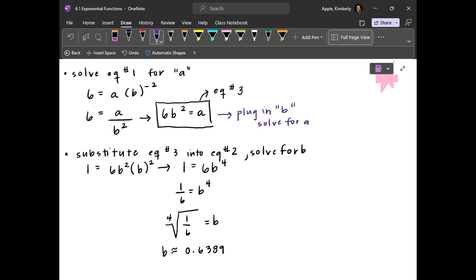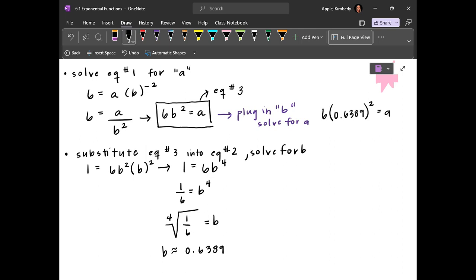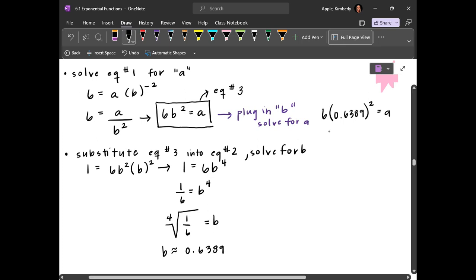We have a number for b now. So this is 6 times 0.6389 squared. And simply evaluating that will give me a value for a. And so a is equal to approximately 2.4492.